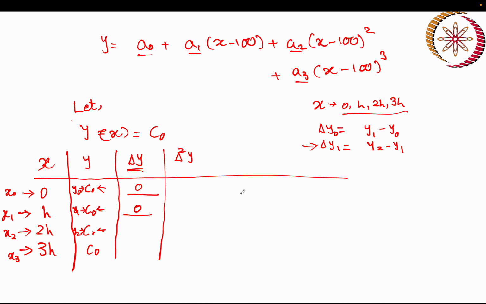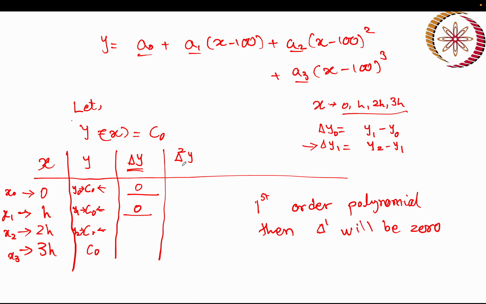Okay, so if we have the first order polynomial, then delta 1 will be 0.